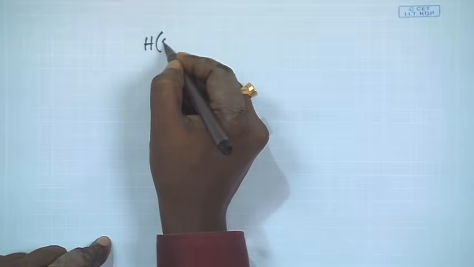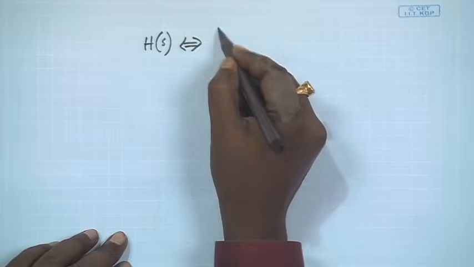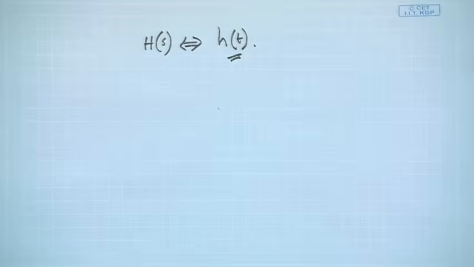Let us say the filter transfer function is H(s), and if I do the inverse transform, the corresponding impulse response is h(t). So, what should I expect at the output of the filter? That must be the convolution of the impulse response with that sine signal.